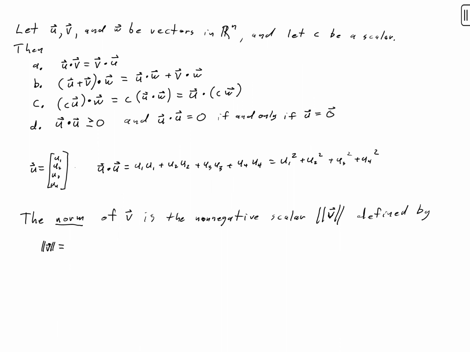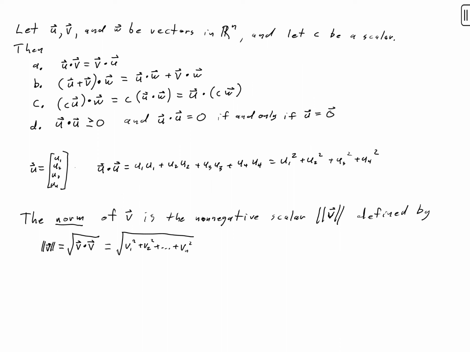is defined by the square root of V dot V, which, if we think about what this is equal to, the square root of V1 squared plus V2 squared plus dot dot dot plus Vn squared.